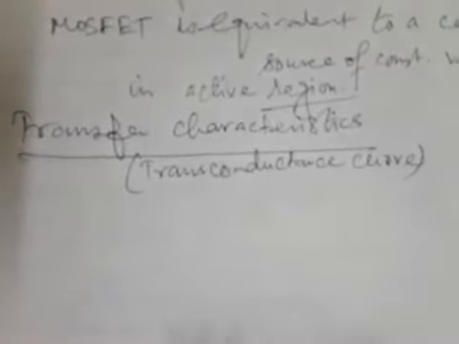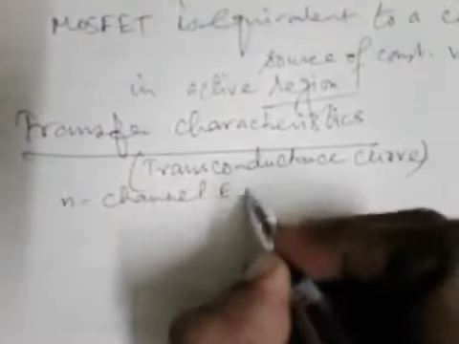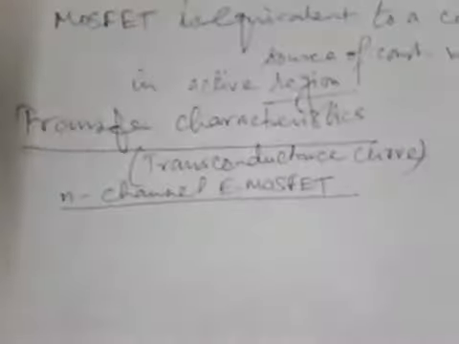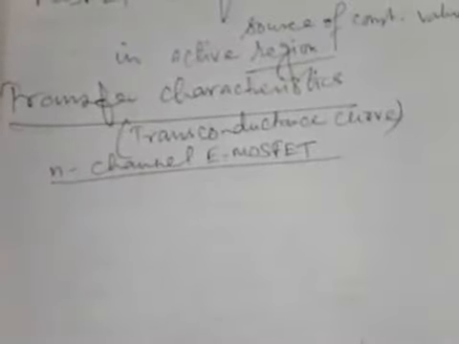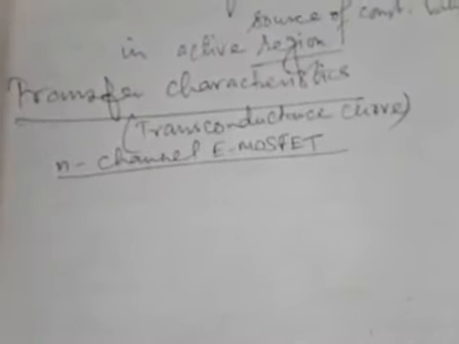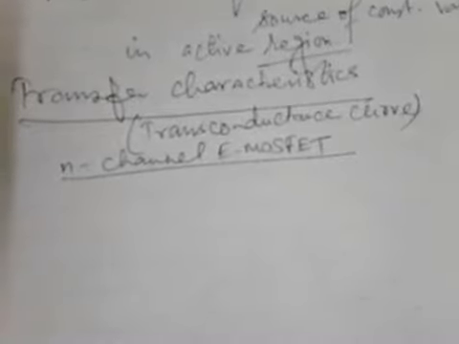Suppose we consider an N channel enhancement MOSFET, E MOSFET. Now I have already told in one of the last lectures that transfer means something is applied at the input and the result of its influence is observed or felt at the output. So that means whatever is there at the input is transferred in some other way at the output.